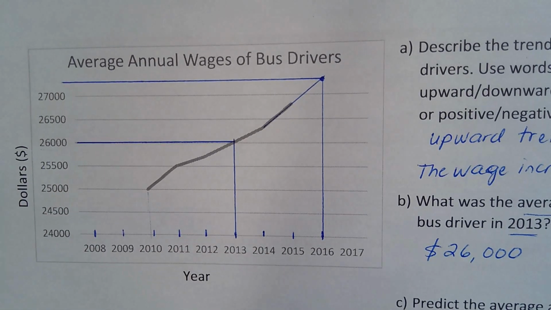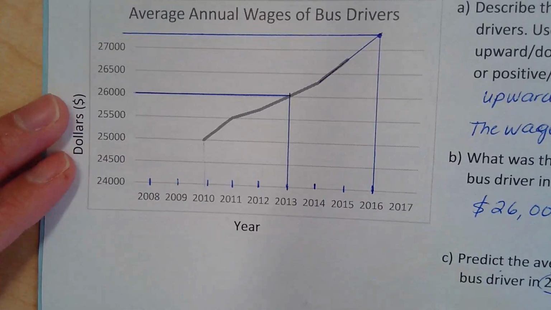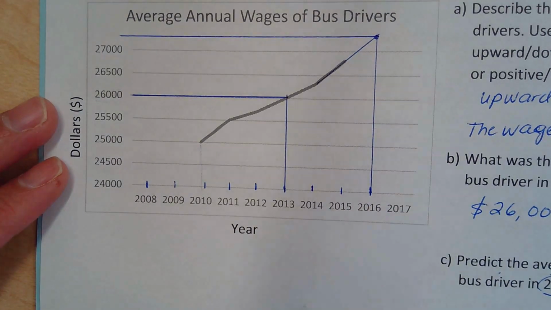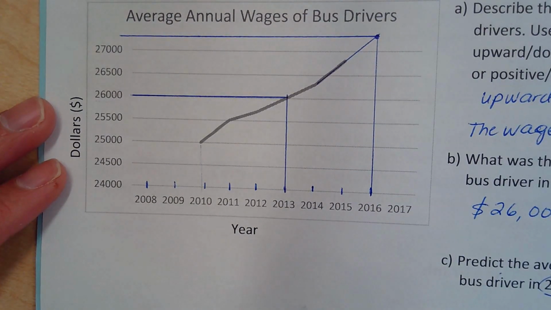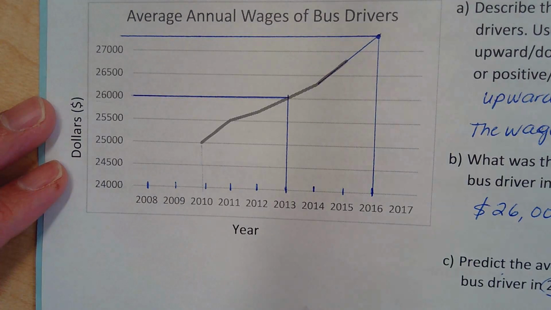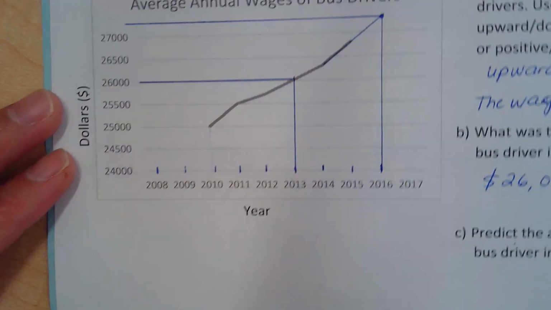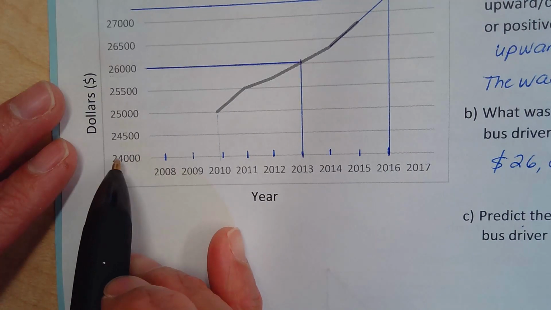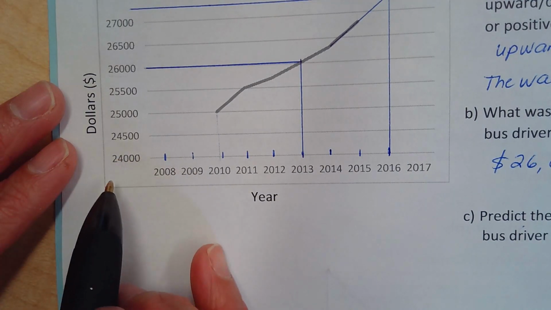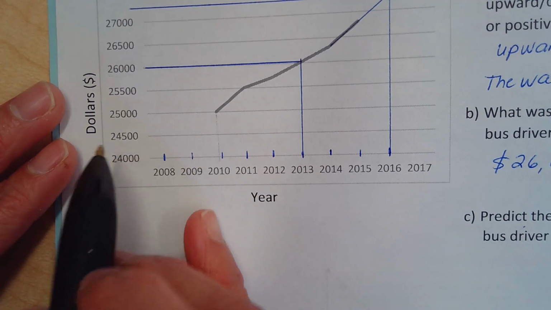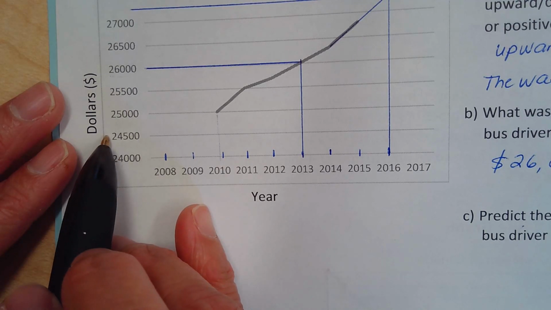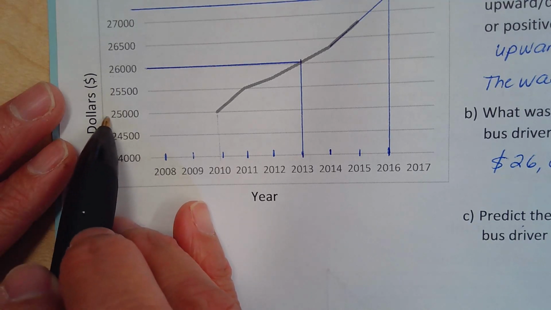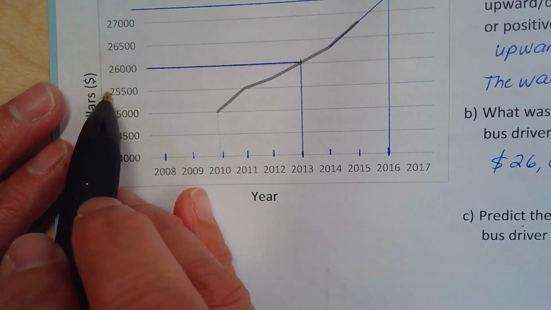Okay, well, that's kind of looking at that, like, how do we predict? Okay, let's see. I haven't talked about the word increment yet. Increment means how much do they go up by? What do you think they go up by in here? 24,000, 24,500, 25,000, 25,500.